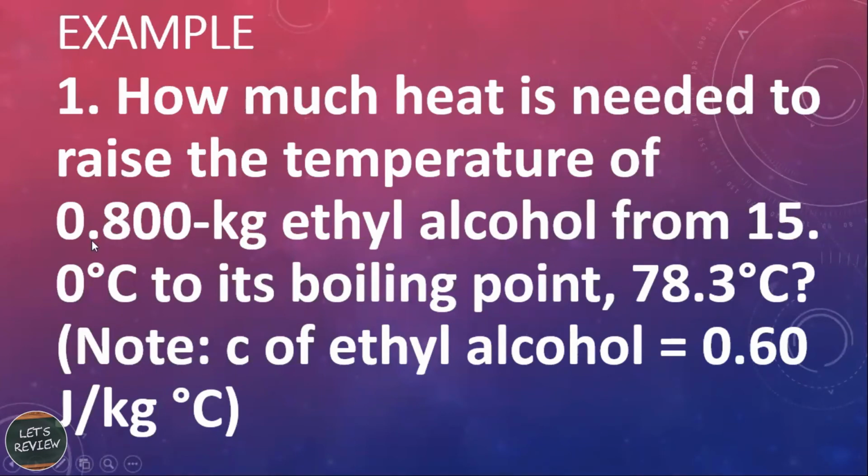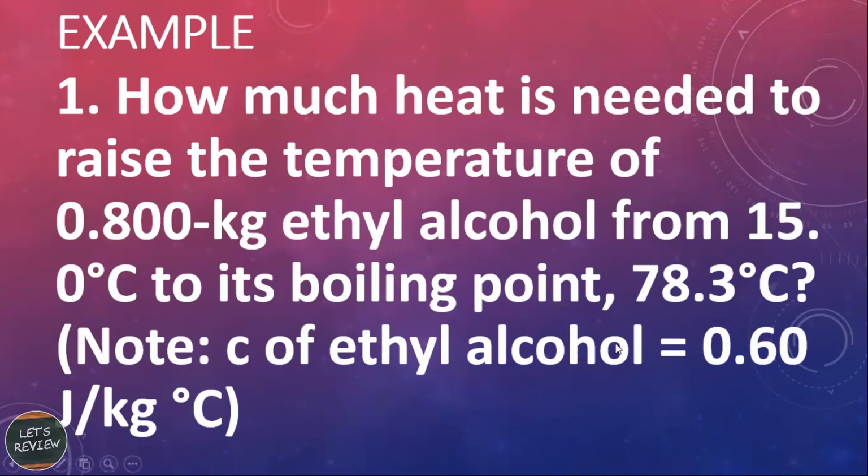In a word problem such as this, as an example: how much heat is needed to raise the temperature of 0.800 kilogram of ethyl alcohol from 15.0 degrees Celsius to its boiling point, 78.3 degrees Celsius? Note that the specific heat of ethyl alcohol is 0.60 joule per gram degree Celsius. The givens in the word problem are the mass of the ethyl alcohol, which is 0.800 kilograms.